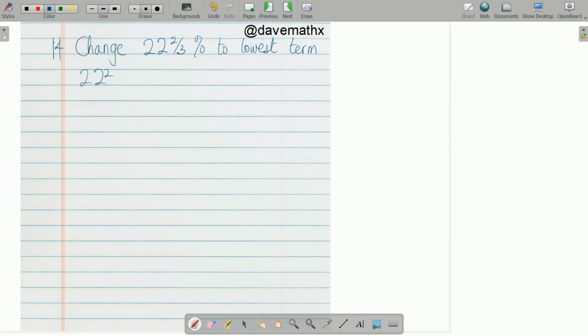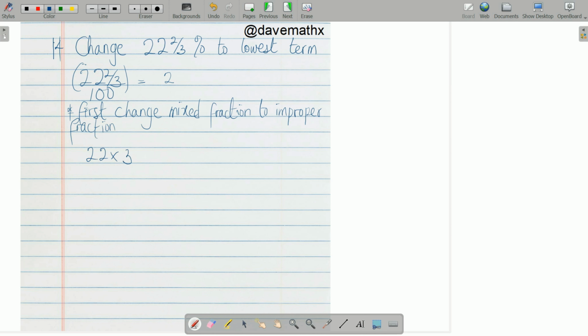Percentages are always divisible by 100. First, we need to convert the mixed fraction to an improper fraction. This will enable us to solve it properly.